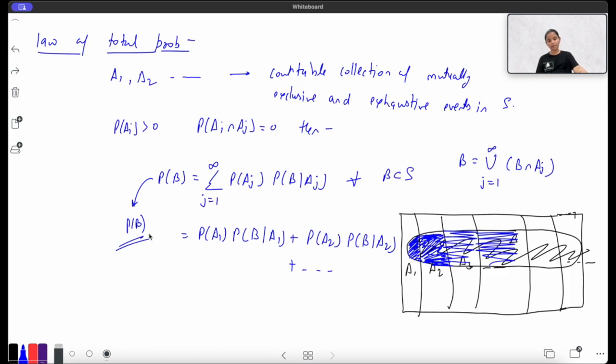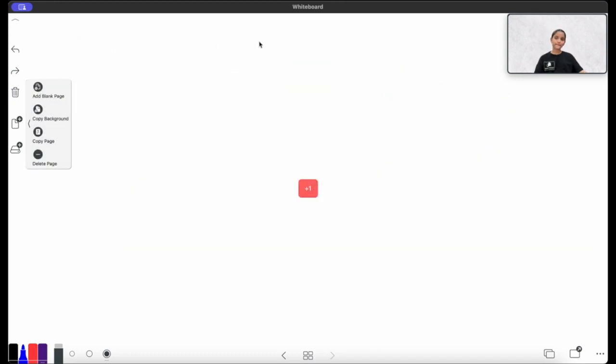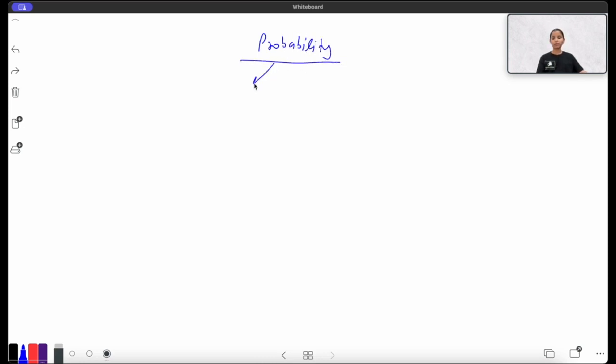Okay, so yes, these are the things that we have seen today. And one more thing that I remember right now. When we are talking about probability, we are seeing the probability in two ways.